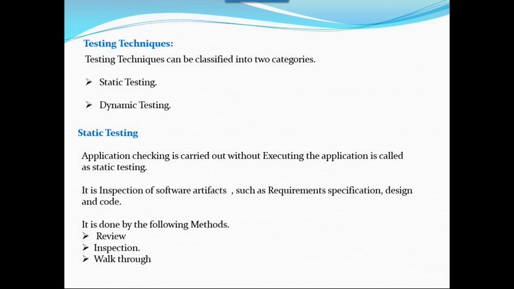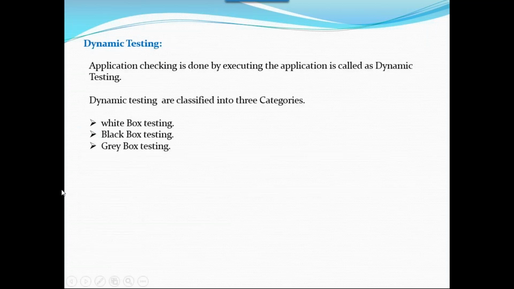See, dynamic testing means the application is checked by executing it. We give some input, we get some output, right? That kind of testing we can call dynamic testing. Can you give me any examples of dynamic testing?